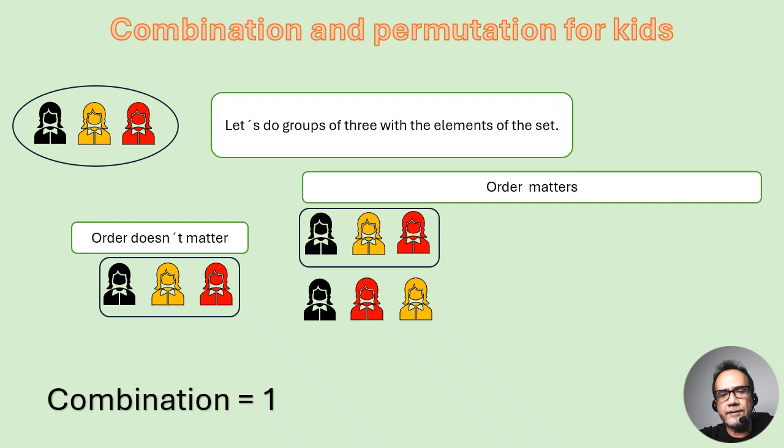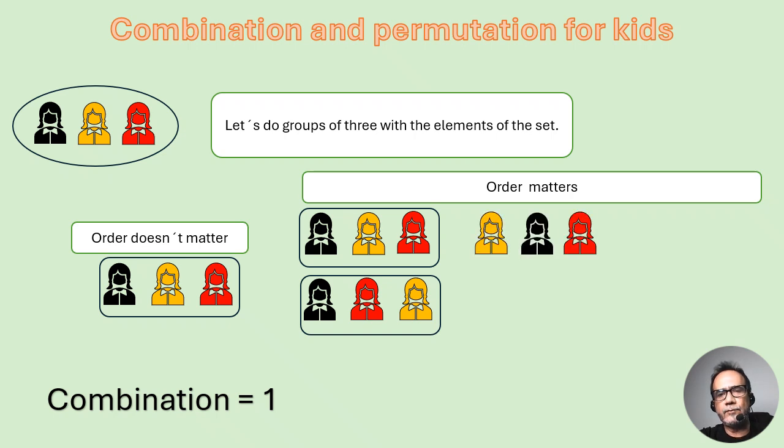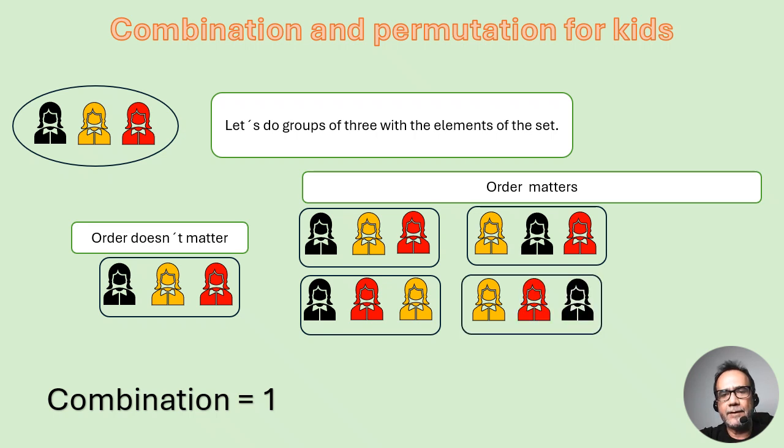Because the order matters, we can do a second group with the black, the red, and the yellow. We can do another group with the yellow, the black, and the red. But also, we can do another group with the yellow, the red, and the black.